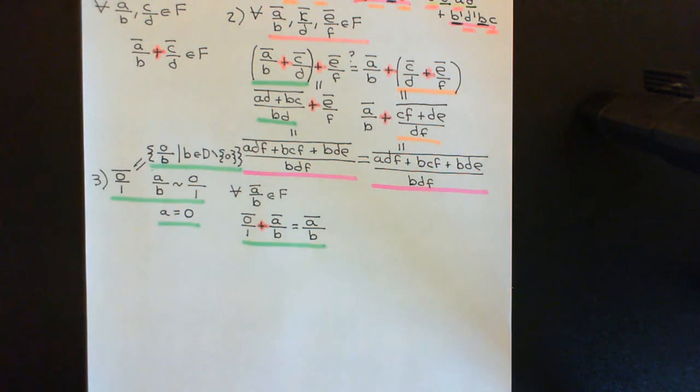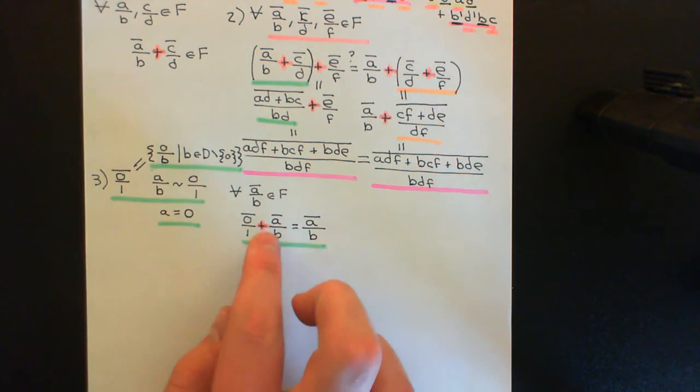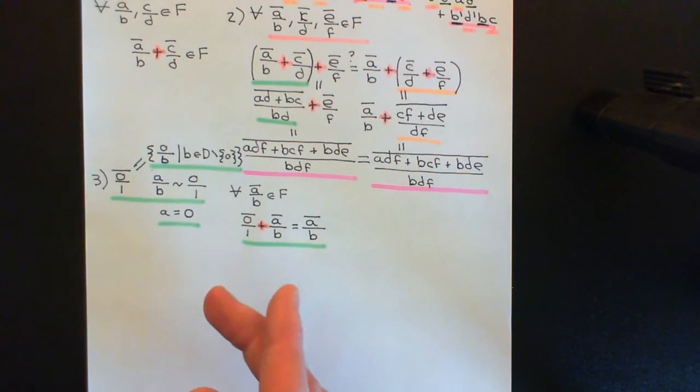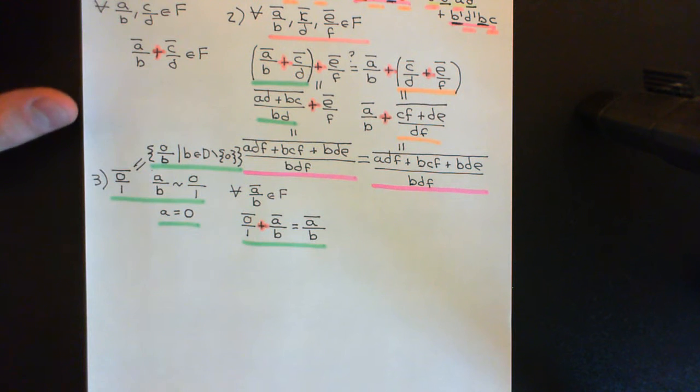And you can imagine that if you did it the other way around as well, so swap them around, the same result will be true. So indeed, this equivalence class is my additive identity in the fraction field. It's the equivalence class of fractions which will add to all other equivalence classes to give those other equivalence classes back again. Okay, so there's my additive identity.